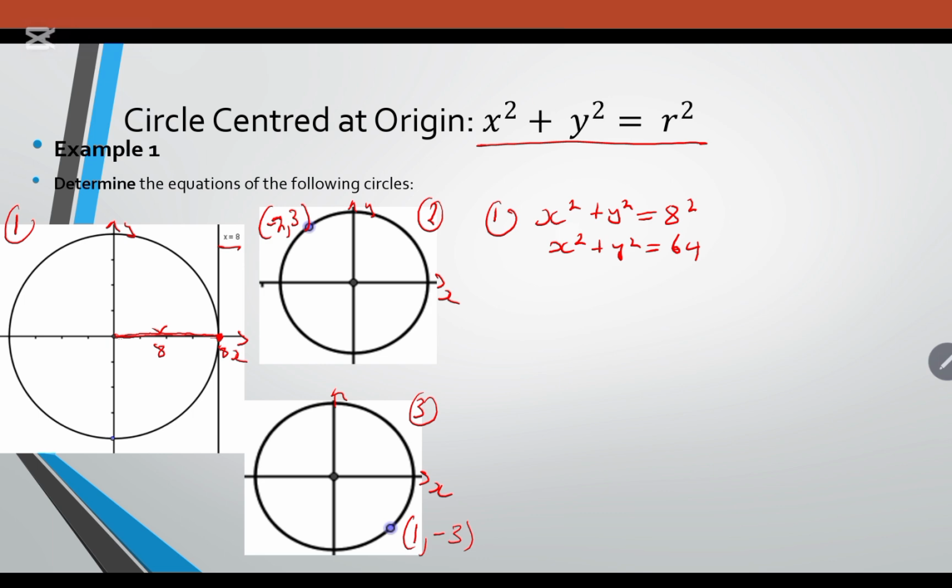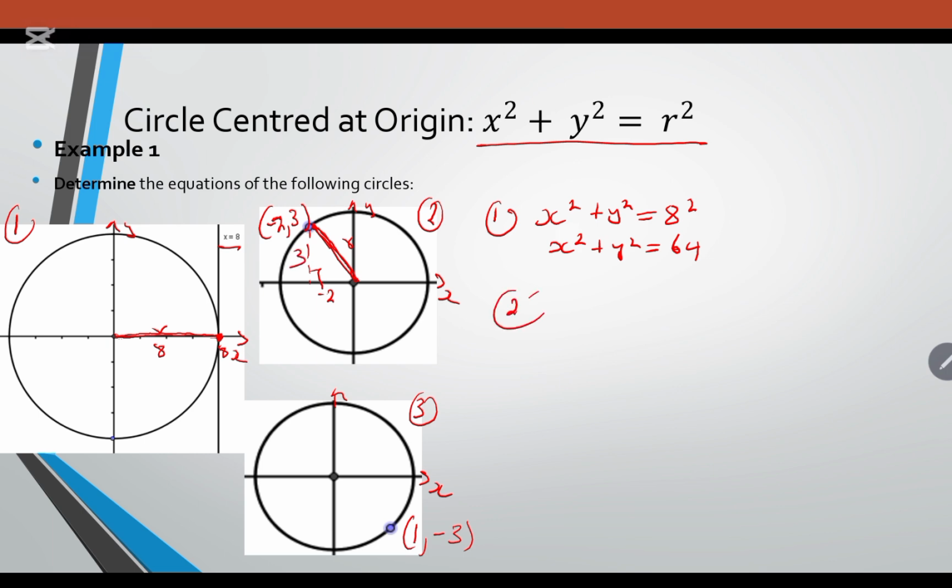Now, let us look at the next circle, circle number 2. So this is the radius of the circle. Now, we drop a perpendicular from the given point. The horizontal distance here is 2 units. So that is -2 since it's going in the negative direction. And the value of y is 3.